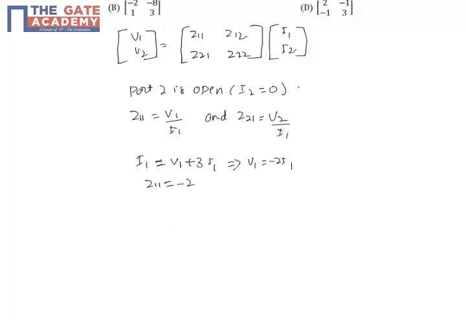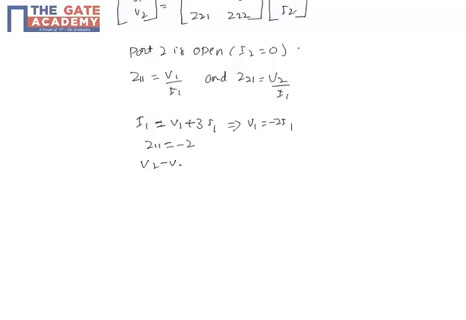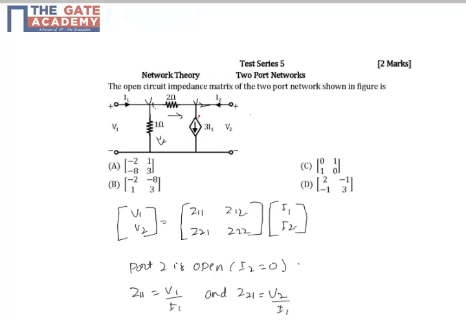Next, say for example this is V1 that I have missed and this is V2. Now at V2, (V2 minus V1) by 2 plus 3I1 equal to how much? V2 minus V1 by 2 is this current in the opposite direction, plus 3I1 should be equal to I2, but we are considering the case where I2 is equal to 0.